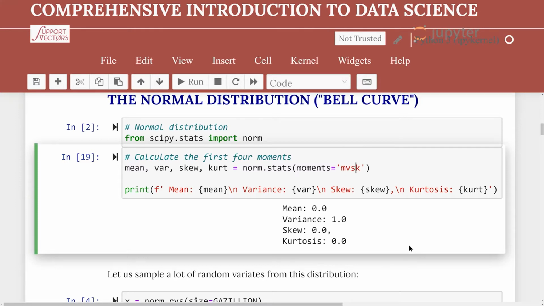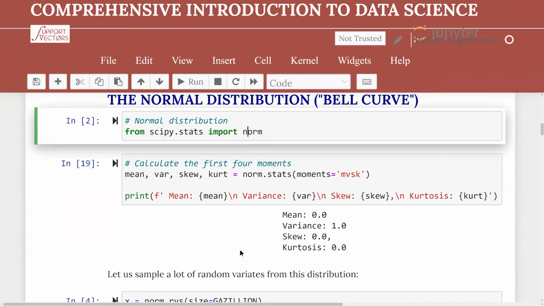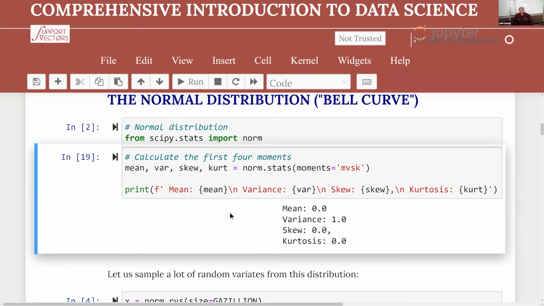So norm here is the probability distribution, and we've not taken any samples yet. We're just asking the norm function itself to internally go take samples and tell us the mean, variance, skew, and kurtosis. And it is producing those 4 moments. Remember, I taught you those 4 moments.